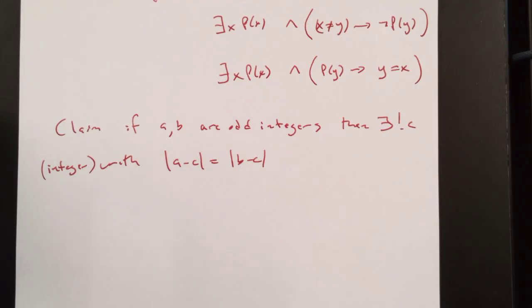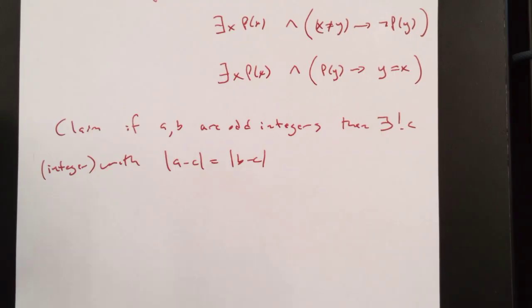Make them further apart. 73 and 31. 52. What's 73 minus 52? 21. What's 52 minus 31? 21. All right, wait a minute. How did I pull 52 out of thin air?